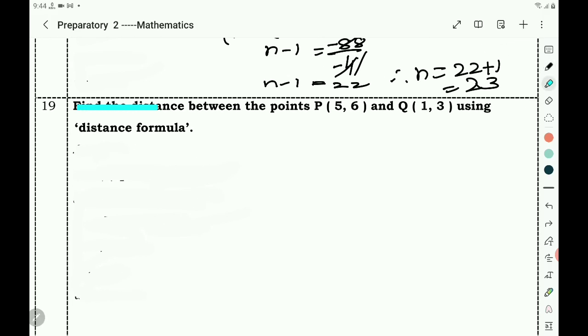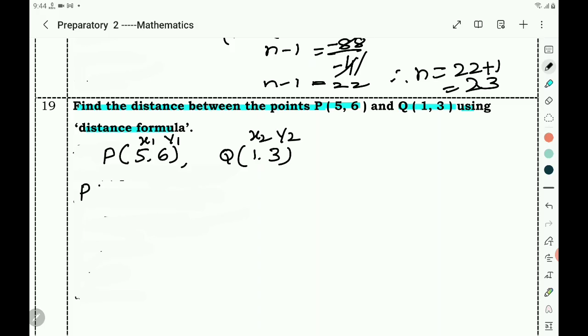Find the distance between the points P(5, 6) and Q(1, 3) using distance formula. You know the distance formula. Here you take the coordinates P(5, 6) and Q(1, 3). Consider them as x1, y1, x2, y2.